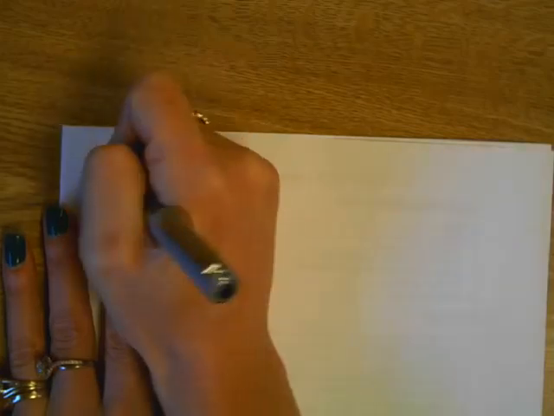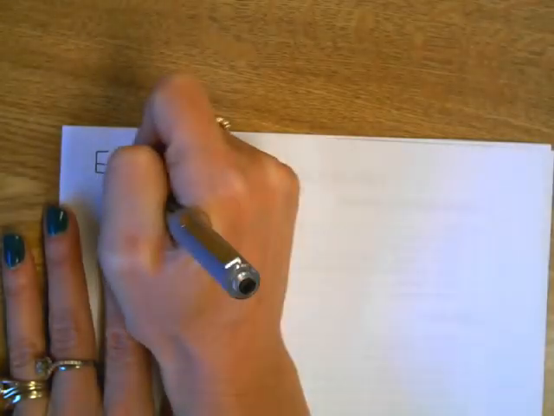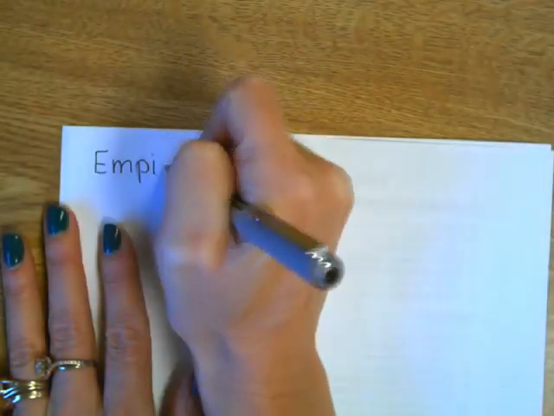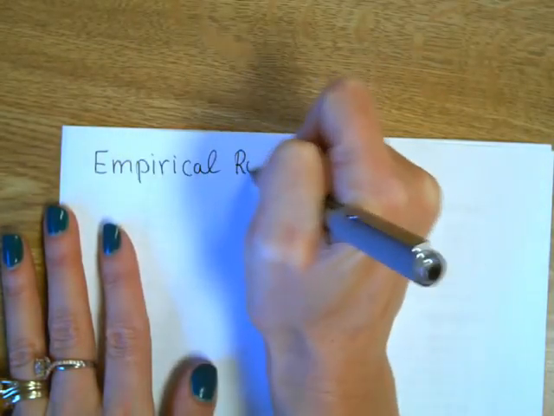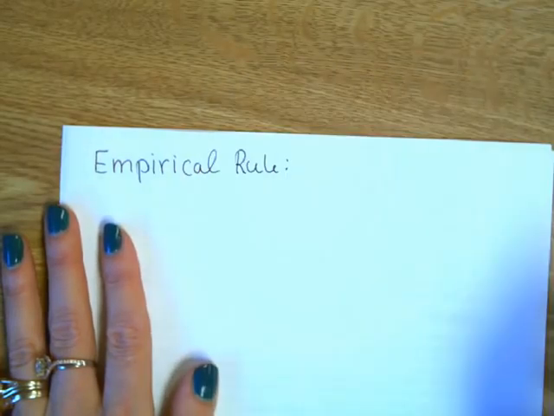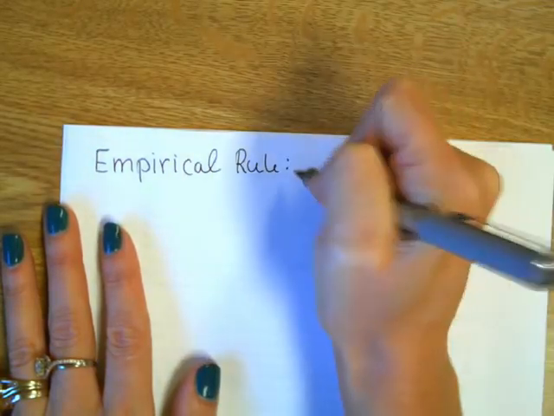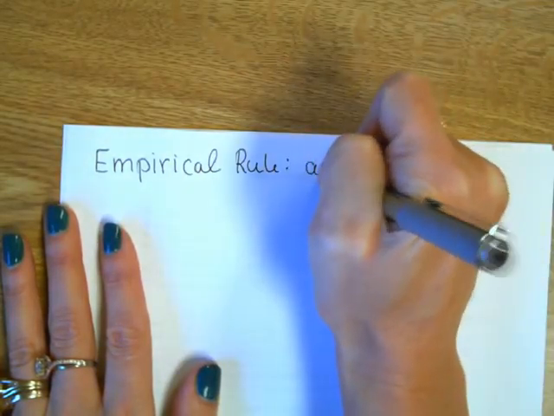All right. The empirical rule. The empirical rule approximates the area under the curve.